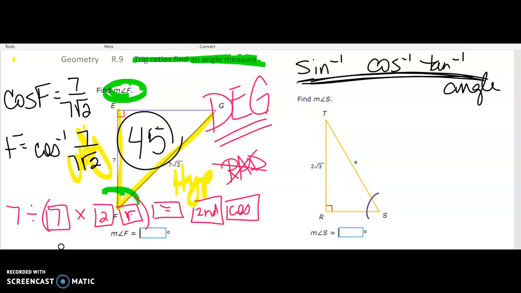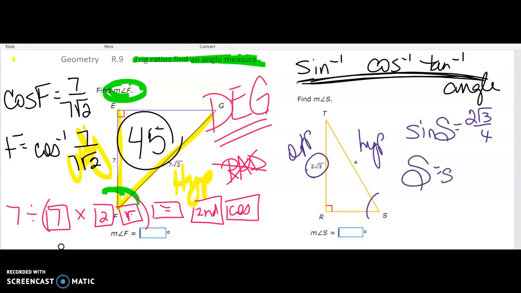We are looking for angle S. 2 square root of 3 is opposite S. 4 is the hypotenuse. Opposite over hypotenuse is sine. Sine S equals opposite, 2 square root of 3 over 4. So we're looking for S, so we're going to do inverse sine 2 square root of 3 over 4.